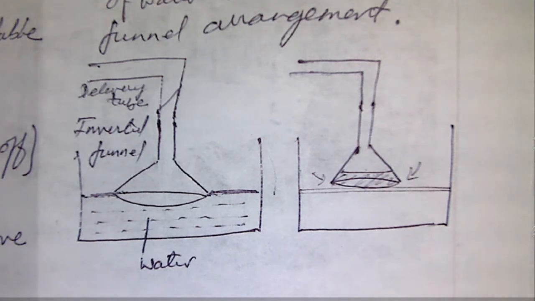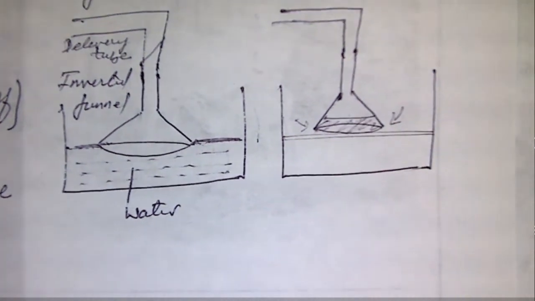The complete diagram may be given, and it may be asked why we are using a funnel arrangement. Or your question can be, how can you prevent back suction of water? And why does back suction occur? Because hydrogen chloride gas is highly soluble in water. Understood? Okay. Then we'll continue.